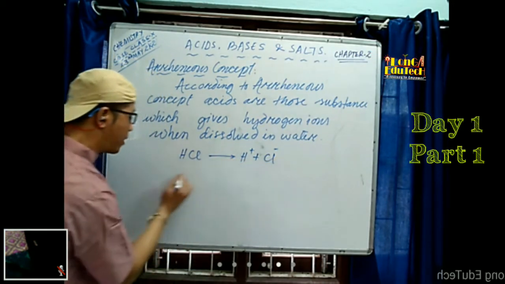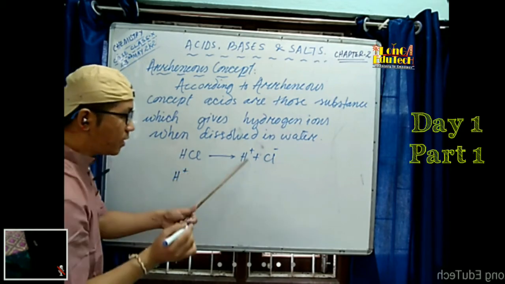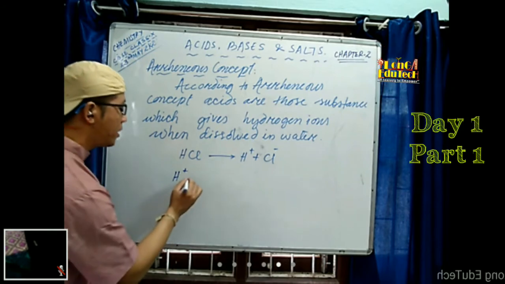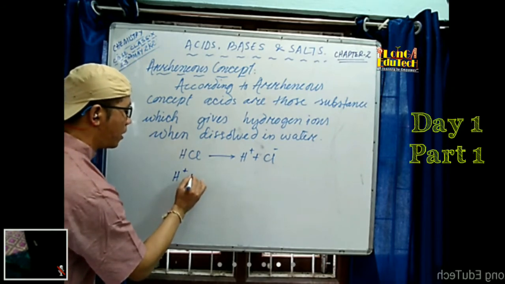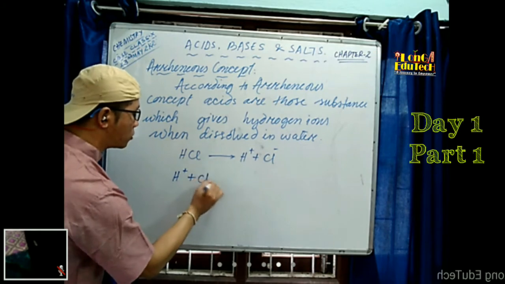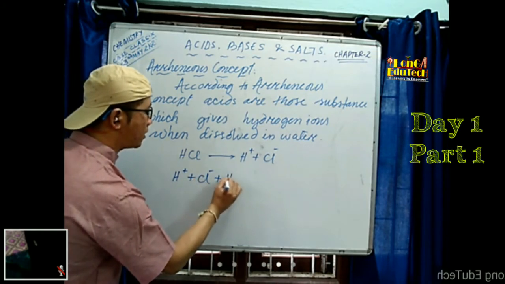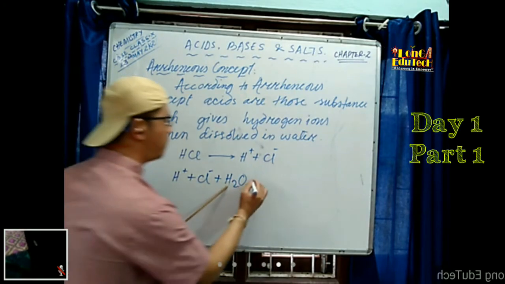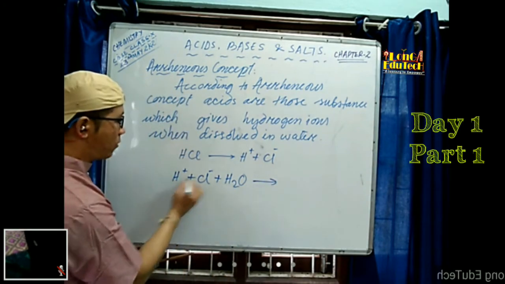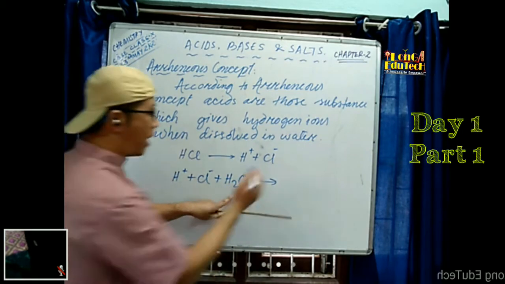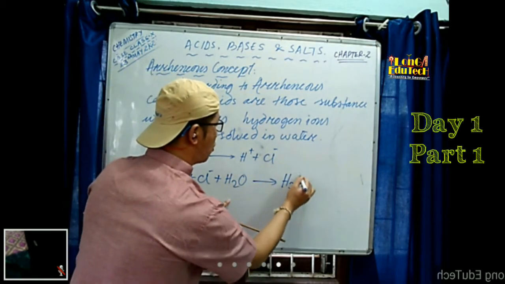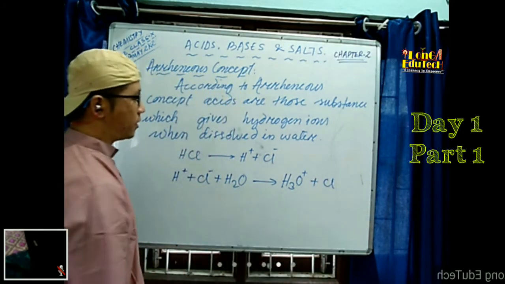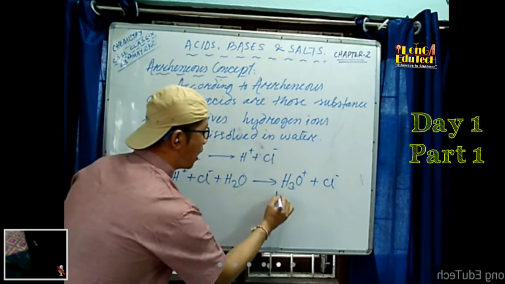Again, these hydrogen ions, when they react with the water, when they come in contact with the water, the hydrogen ion attaches to the water and forms H3O plus and chloride. So this is called hydronium.